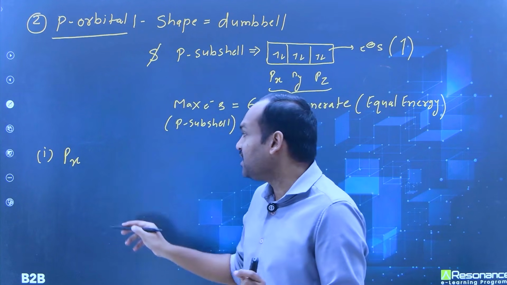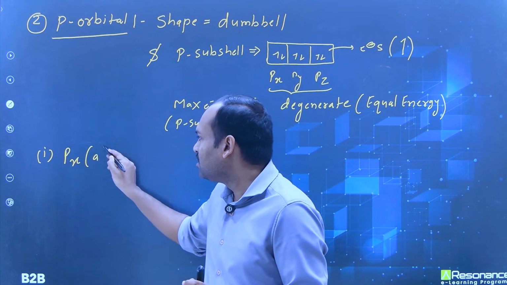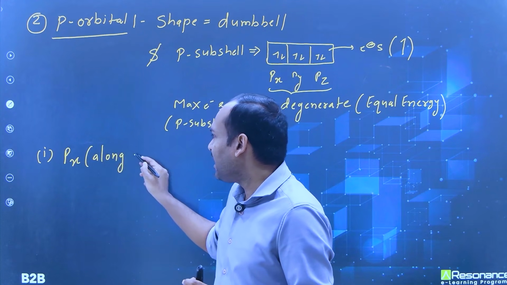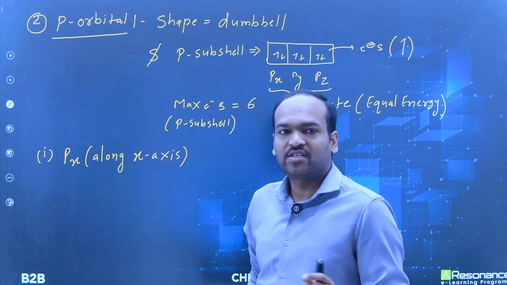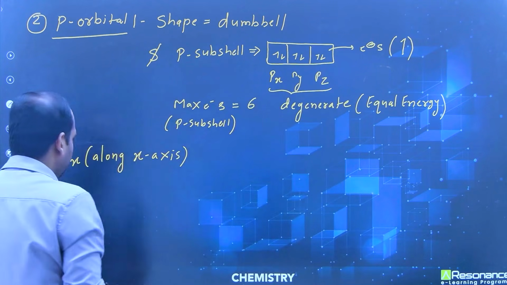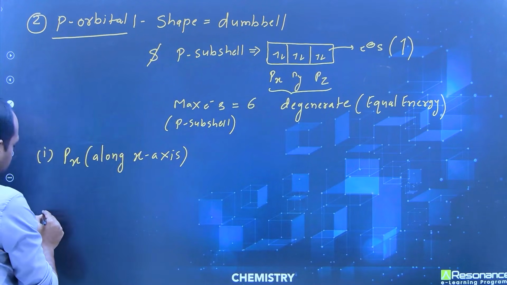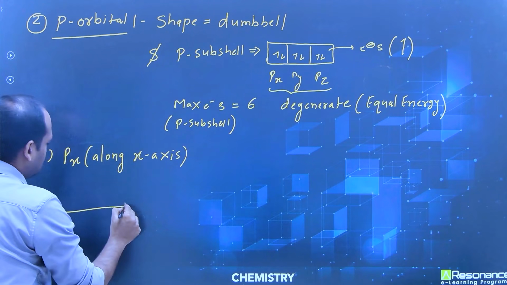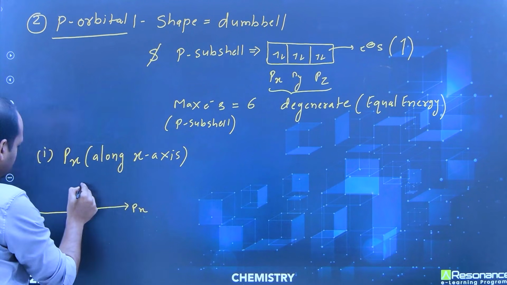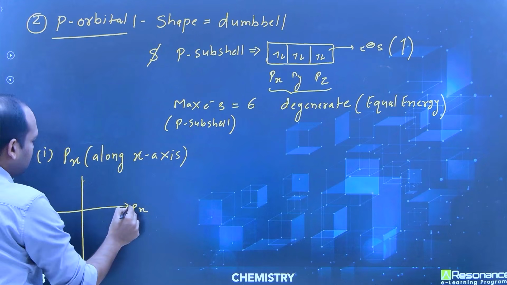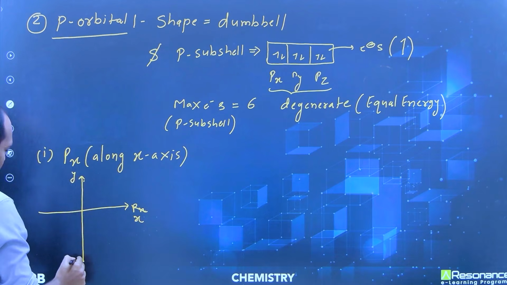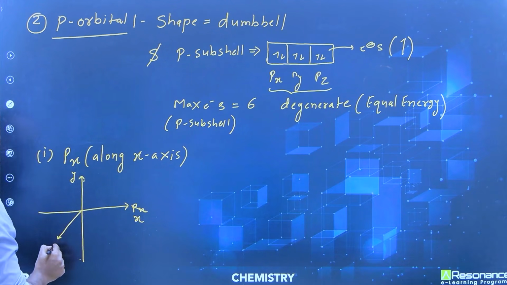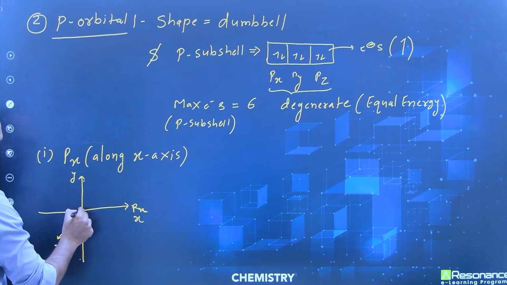The x represents that it is along the x-axis. Px means along the x-axis. So suppose this is px, this is the x-axis, this is the y-axis, and perpendicularly the z-axis. So how to draw?